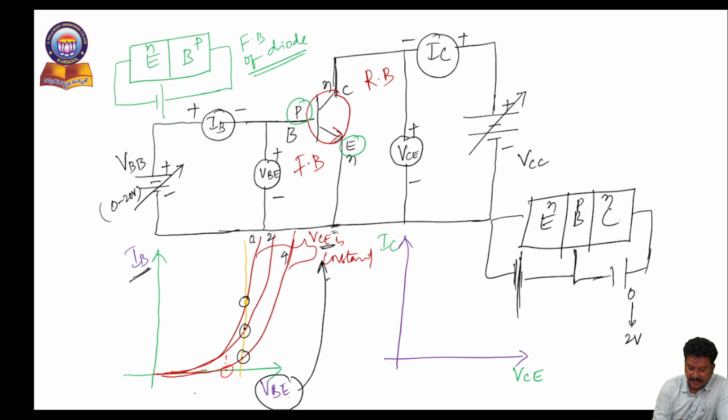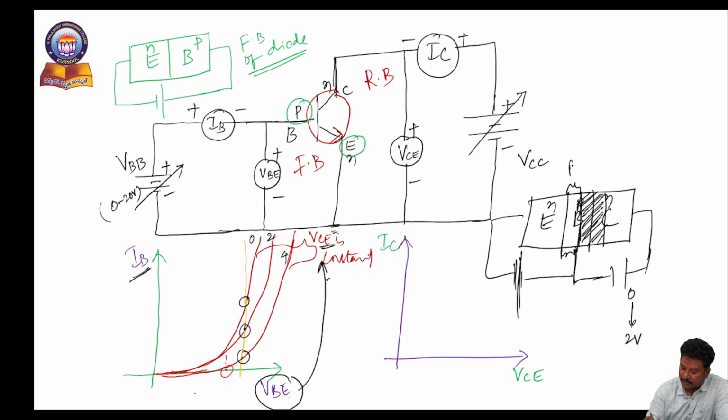As VCE increases from 0 to 2 volts, in the output junction the potential energy barrier will increase. As the potential energy barrier increases, obviously IB current is decreasing, but we should not say that IB current is depending upon the VC. As the potential energy barrier increases at the collector junction, obviously the base width decreases.